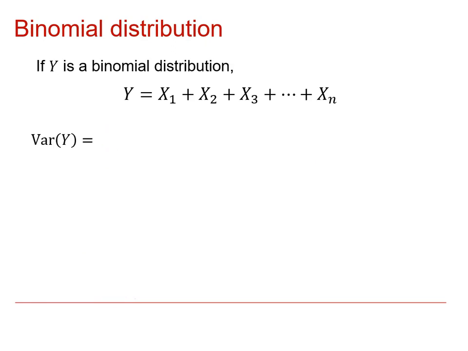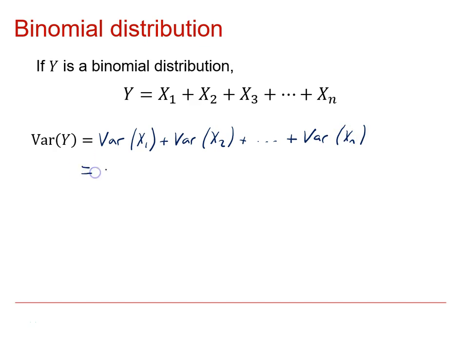So if y is a binomial distribution, again it's going to be the sum of n independent Bernoulli distributions. So the variance of y, again from video 1.5, is going to be the variance of x1 plus the variance of x2 all the way up to the variance of xn.